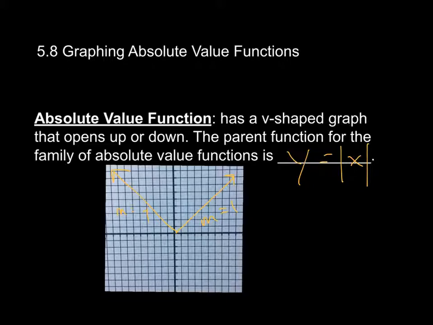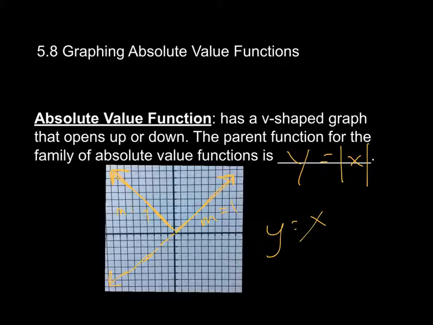If we were drawing just y equals x, that line would just continue to extend this way, right? But here, x is negative and y is negative. Since it's absolute value, since we're talking about positive, we just reflect this line so that it becomes this line.